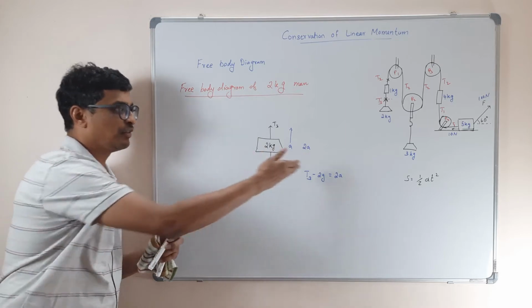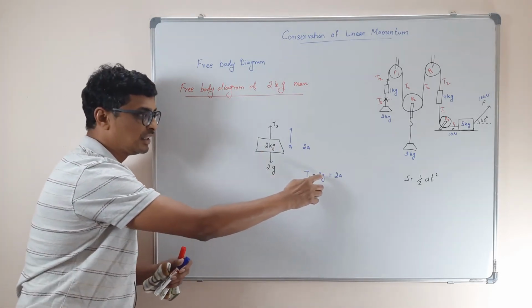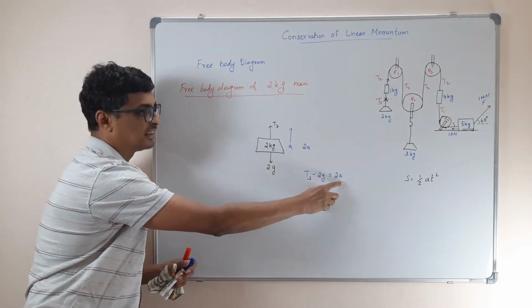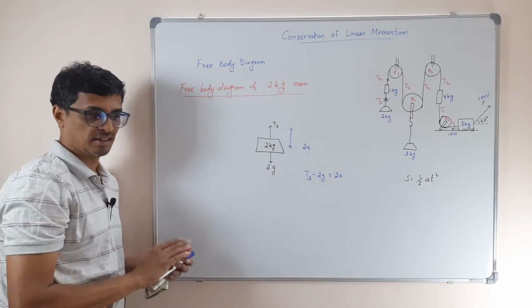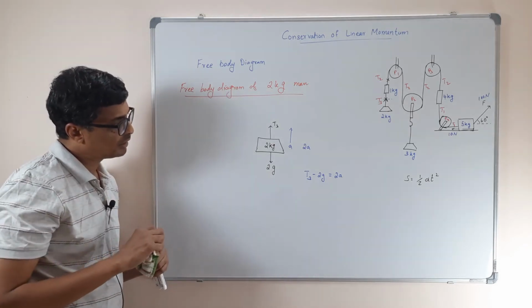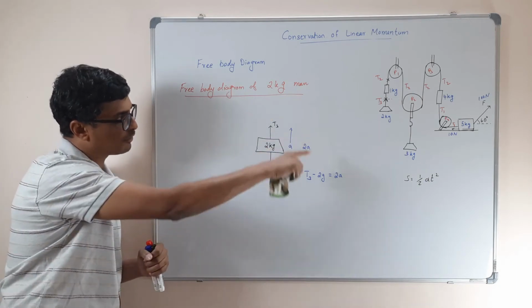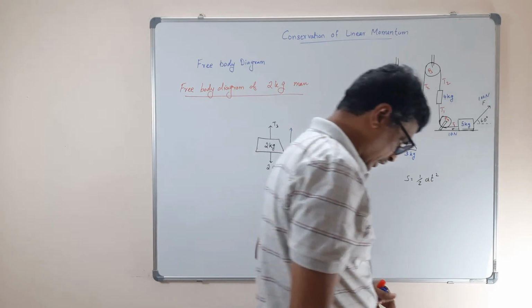If I want to find out the acceleration, if we know the tension and the mass of the body, acceleration can be just this divided by 2, the mass of the body. There's one example, we will do that. So this is the free body diagram for the 2 kg mass. Now let us see, they have given one more thing also.